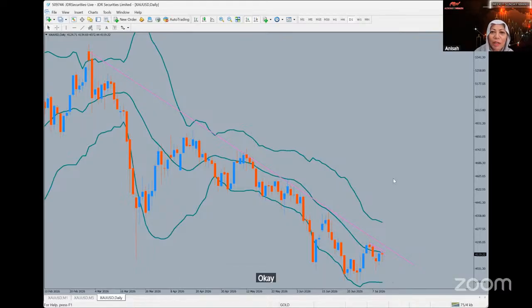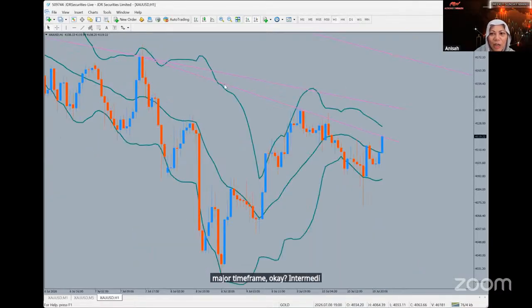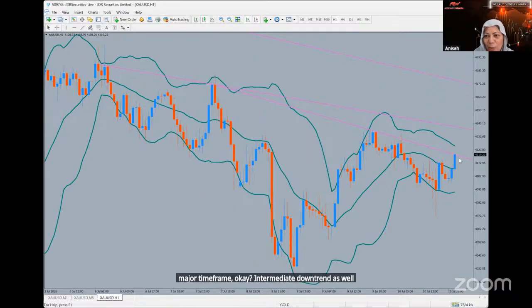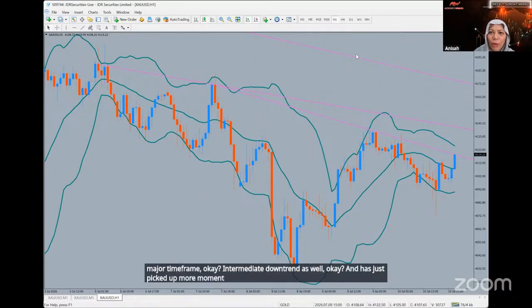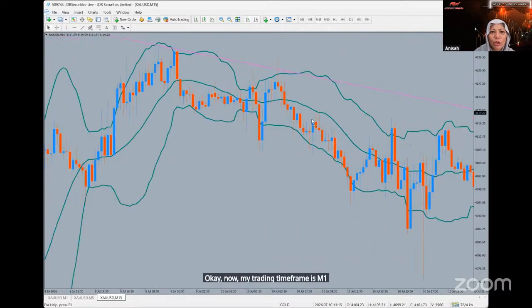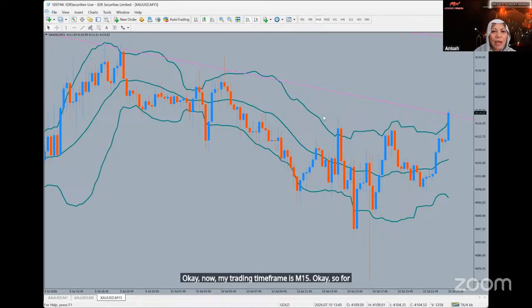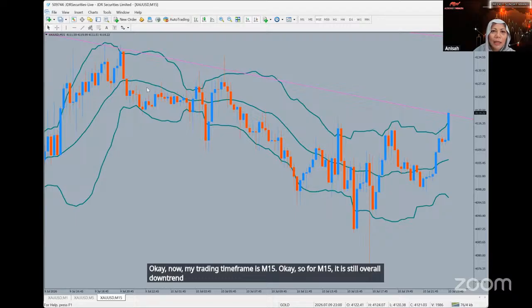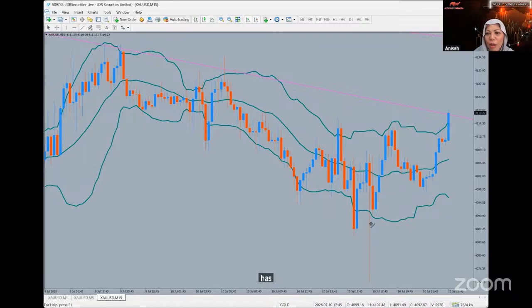These are for the major time frame. Intermediate is a downtrend as well, and has just picked up more momentum. Now my trading time frame is M15. For M15, it is still overall downtrend, but has a bit of uptrend here.